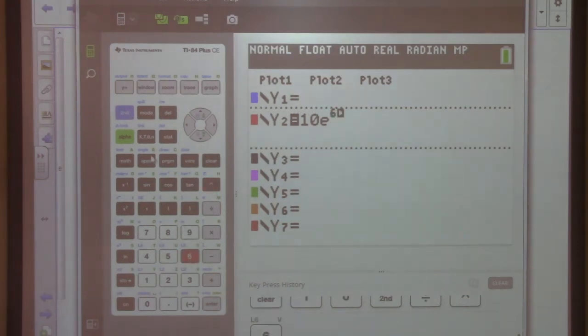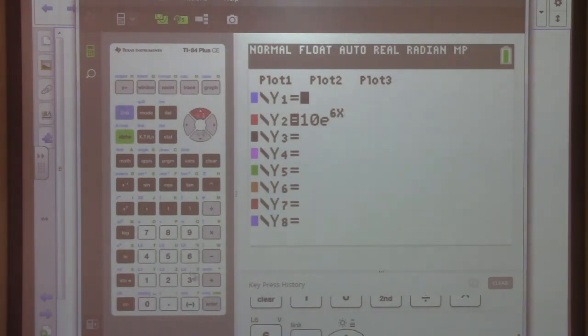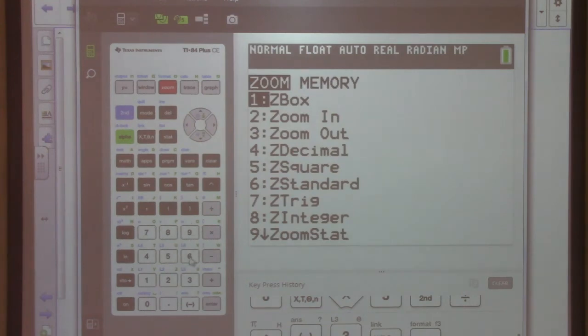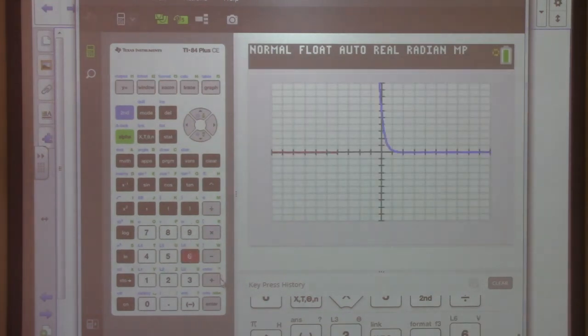And what happened is, if I don't have any really good idea about what a good window is, I usually resort to a standard window. And how do you get a standard window? Press zoom 6. So I press zoom 6, and really, that was probably a good move, right? Because we can see pretty well the intersection.